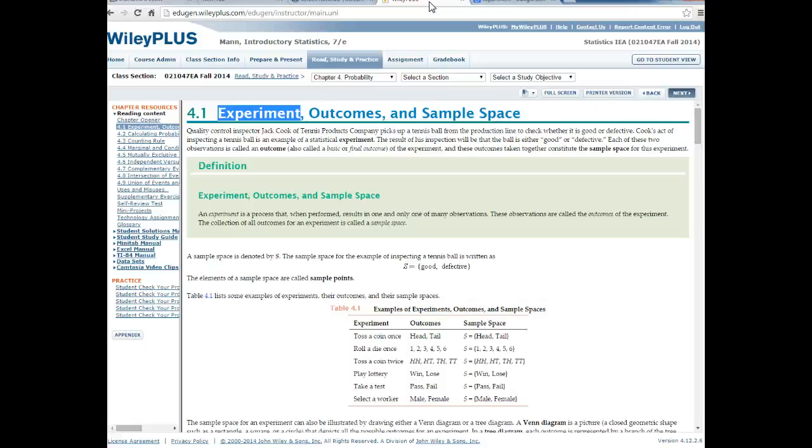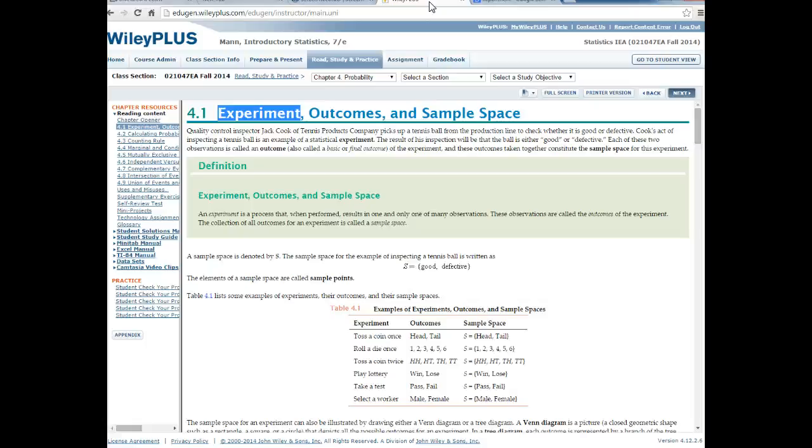Because I could just flip the coin and record the color of the coin, right? Or I could flip the coin and record the temperature of the coin, or how high it went. Or lots of different things. So you have to describe the outcomes that you're interested in when you say what the experiment is.